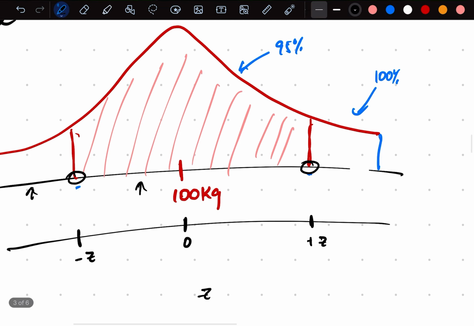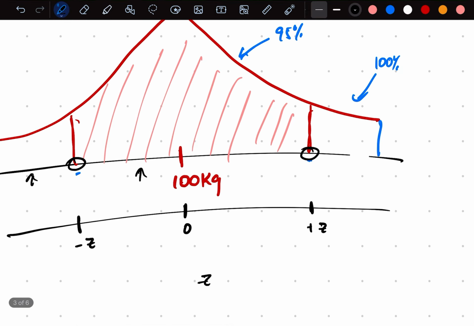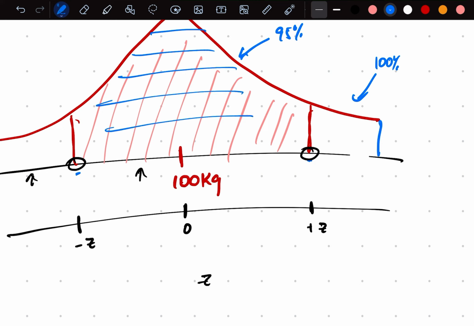As I said, 95% of the data lies in between these, right? 95% of the data lies here. So what would be the area, all the way from here to here?